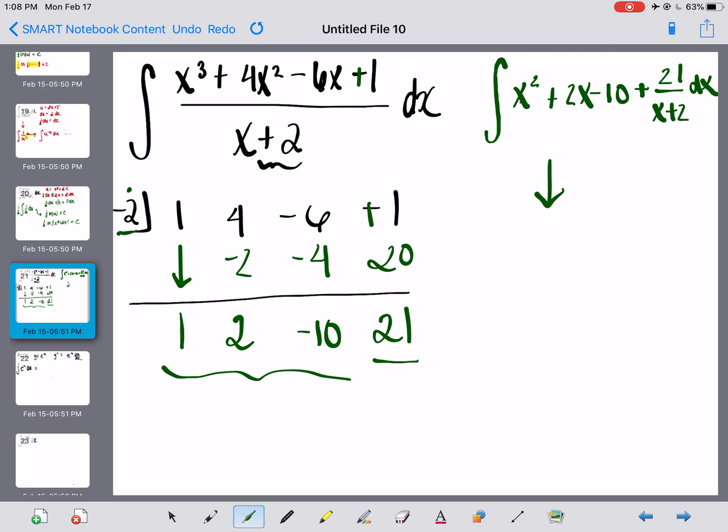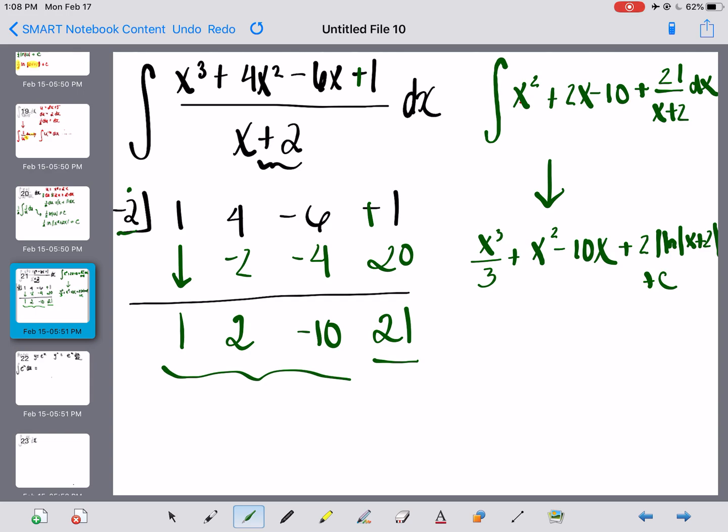When you integrate this, you will get x cubed over 3 plus x squared after you simplify, minus 10x plus 21 times the natural log of x plus 2, and plus c.